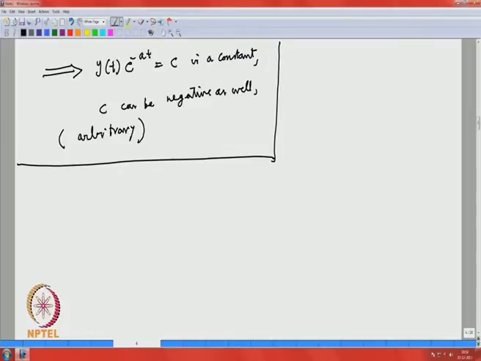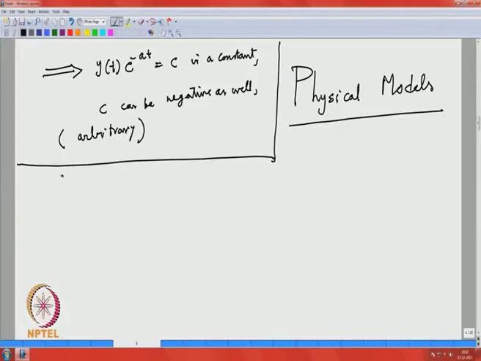And for now we are going to give few examples in the next 2 to 3 lectures, and we will start with some physical models. So, we are starting with physical models. Today, to complete this, I may just do one example, example 1.